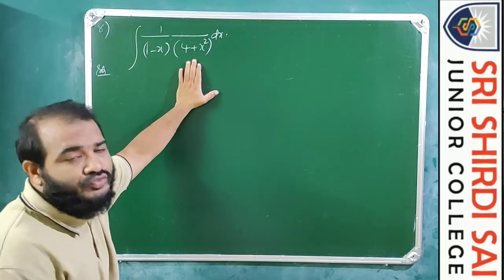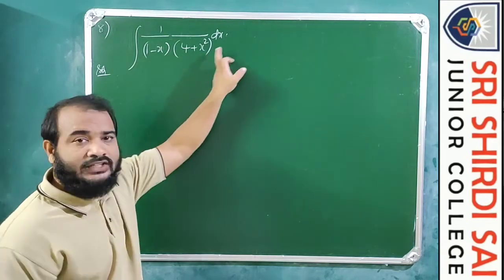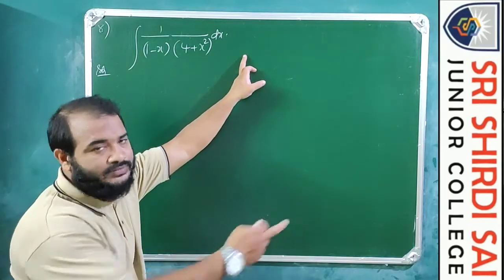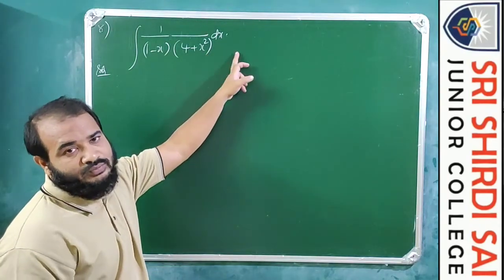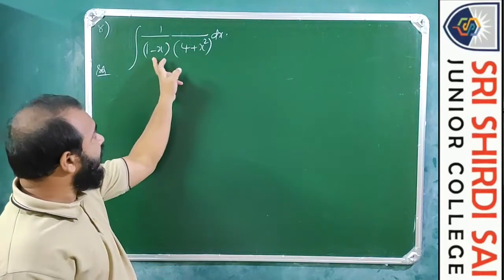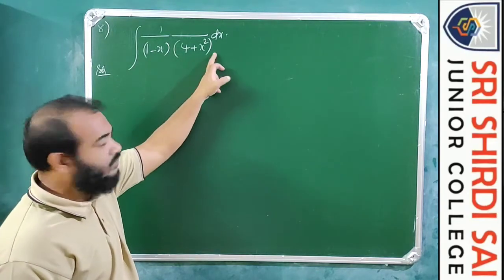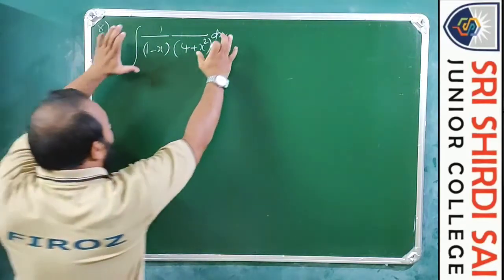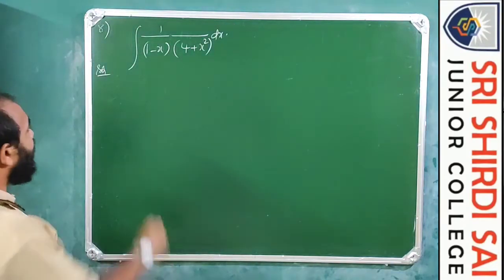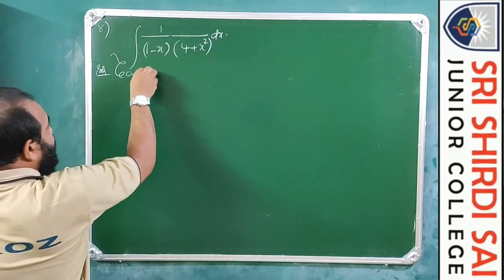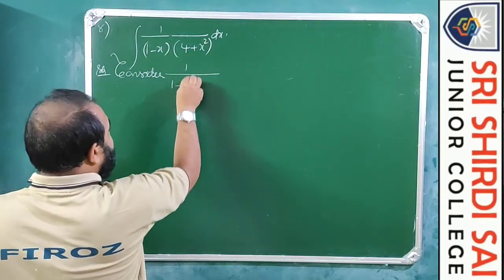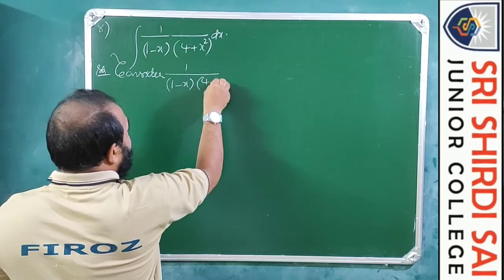For every irreducible quadratic factor ax square plus bx plus c, there is a partial fraction of the form ax plus b by ax square plus bx plus c. So, since a is already used for this, instead of ax plus b, bx plus c. So, first of all, without integration, let us consider 1 by 1 minus x into 4 plus x square.